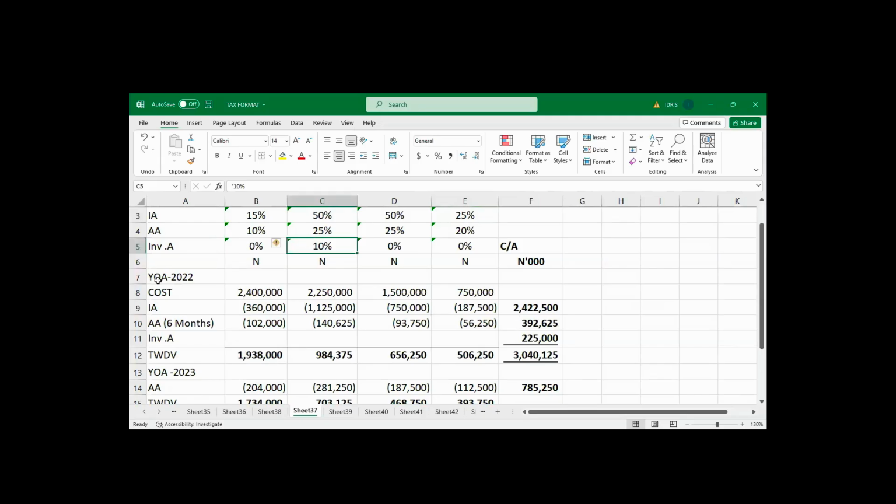So the first year of assessment in which we are going to compute capital allowance is the year 2022 year of assessment.